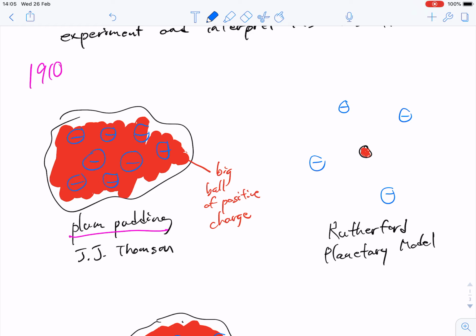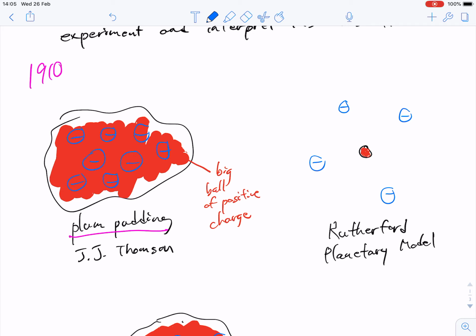Overall, they did recognize at this point that the atom itself was neutrally charged. J.J. Thomson's model was trying to explain that, and they had also discovered things like the electron by this time. So they knew there were some charged particles, and because the atom was neutral, there had to be a positive charge somewhere within its structure.